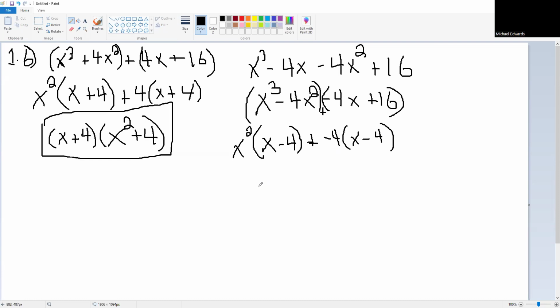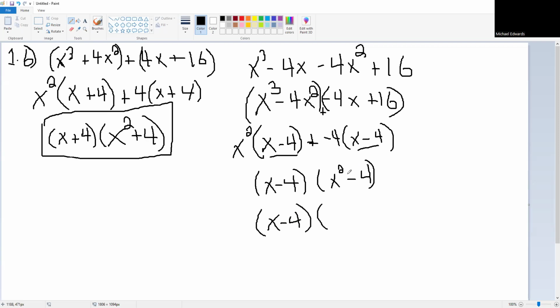Now, to finish this up, we do the same thing we've been doing. X minus 4 from these two, and then x squared minus 4 for that one. And that could be your final answer. You can write this as x minus 4 because of this squared here.